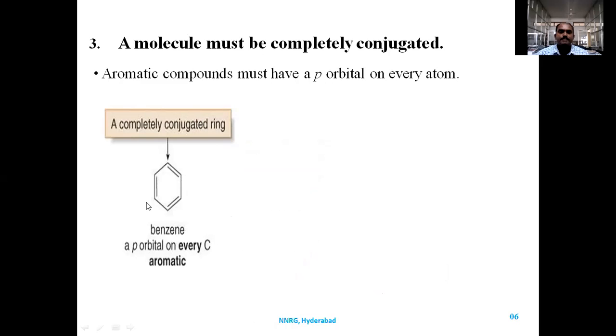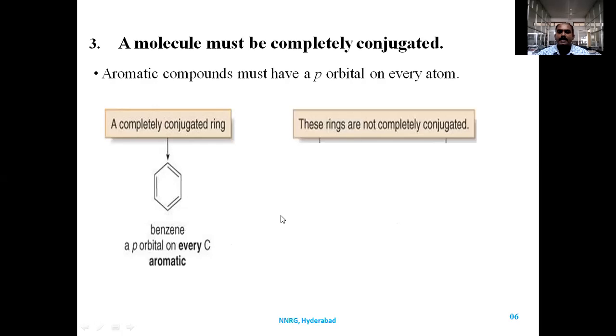If you see, this benzene ring is a closed circuit with 6 carbons. Each carbon has one p orbital. The p orbital will overlap with the neighboring p orbital to form a pi bond. So 6 p orbitals overlap each other to form 3 pi bonds. So it is a continuous conjugation, and benzene is aromatic in nature.